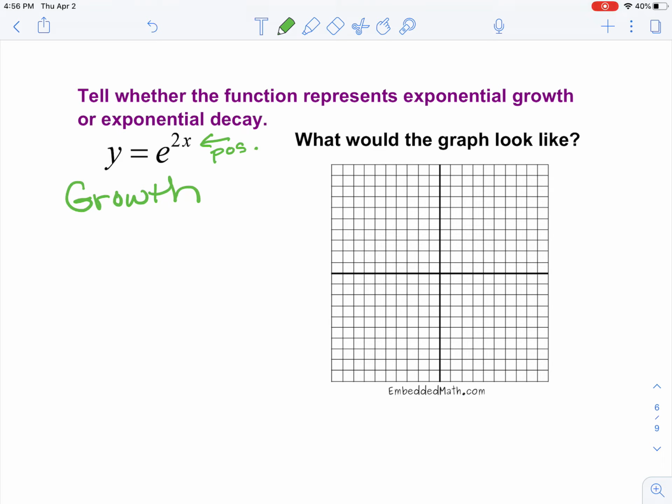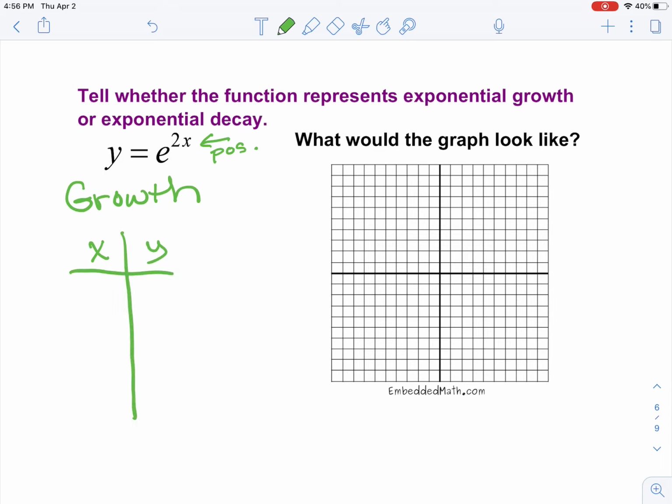Now, you're just going to have to decide out of 4 choices which one is the graph. We're going to do a little bit of graphing here that you're not going to have to, but it will help you in deciding which one is the correct graph. So to do that, I'm going to make an XY chart.